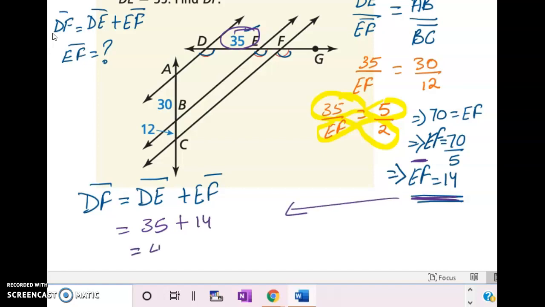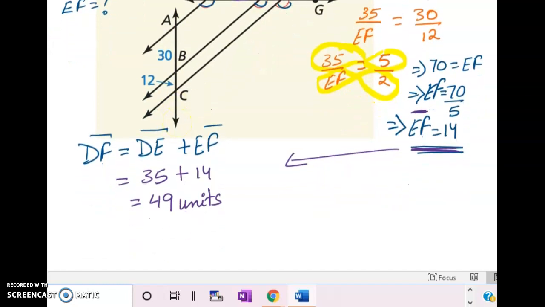So the total length is 49. That is what we are looking for. So 49 units is the answer for segment DF. And don't forget to box your answers.